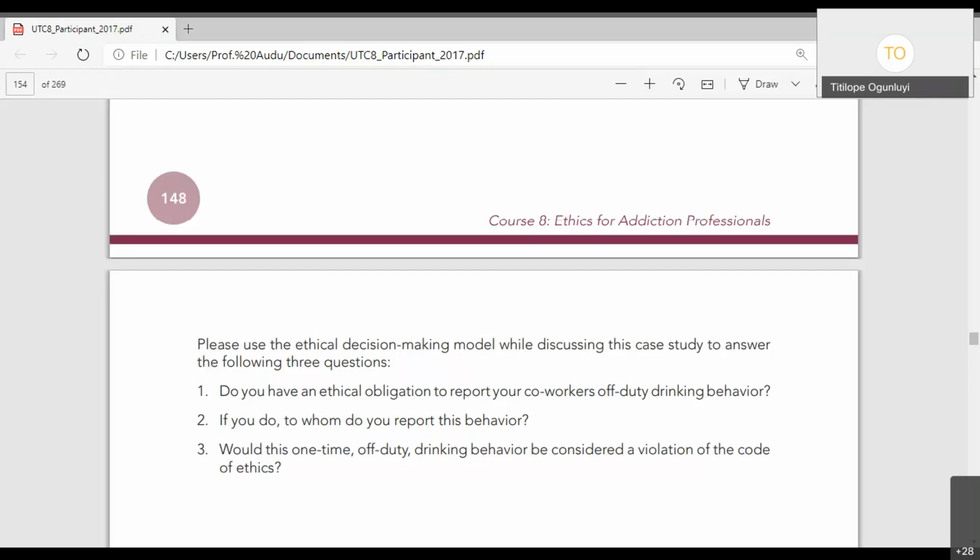So there's a conflict because the supervisor will be looking at it, he wouldn't want to hurt them. If by the time he reports them as well, they may lose their job and they might get frustrated and relapse totally. So we're looking at what will I do? So I think there's a conflict of interest between these people that were taking the alcohol and for them to even report to the management.